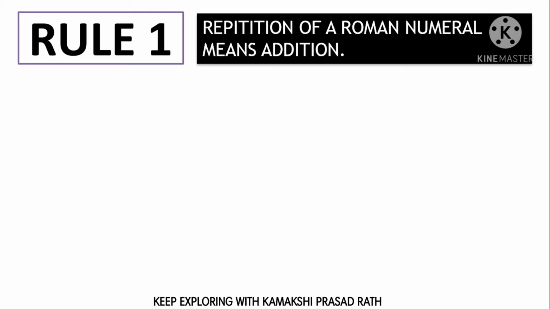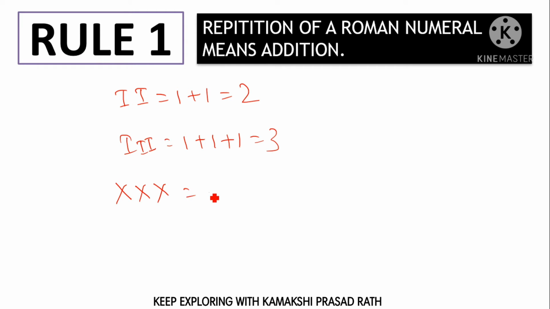It means if you repeat some Roman numeral, then it will be considered as addition. For example, if I write I and I, so if I write II, then it becomes 1 plus 1, that is 2. Like that, III becomes 1 plus 1 plus 1, that becomes 3. So if we write repeatedly, that means we are adding. Similarly, XXX becomes 10 plus 10 plus 10, it's 30.